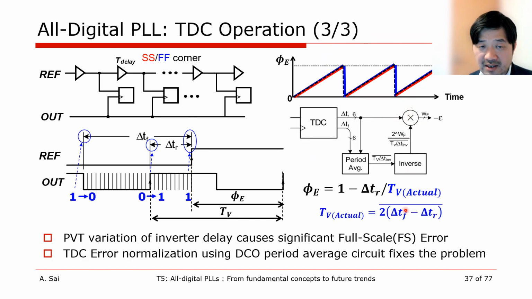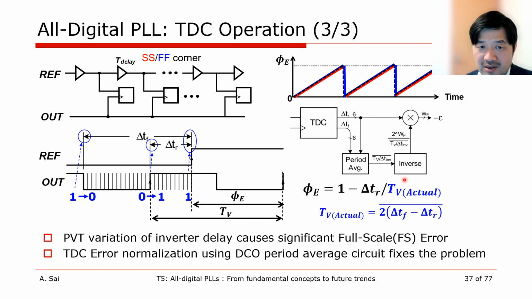Therefore, in practice, full-scale error is prevented by always detecting how many T delays one cycle of the DCO corresponds to, and calculating the phase error phi e using the actual TDC digital value.